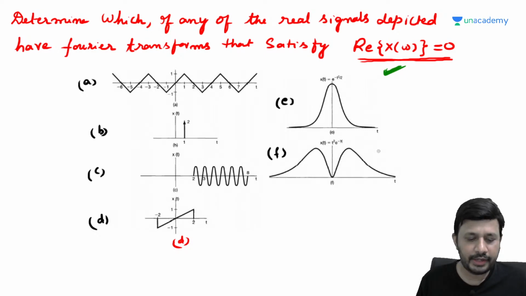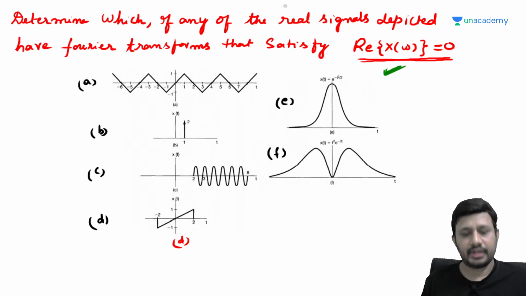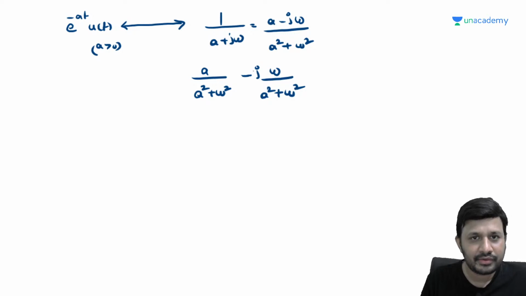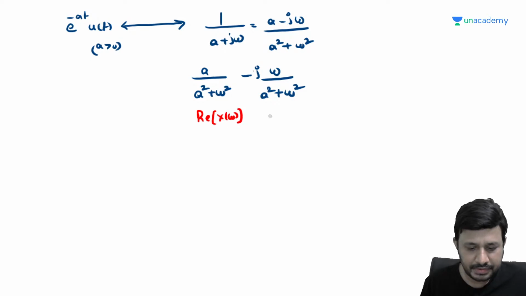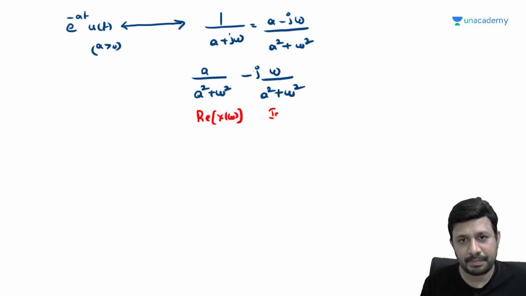Now look here, I will tell you a concept. First of all, understand the concept, observe here. So this is the real part of X of omega, and this is the imaginary part of X of omega.